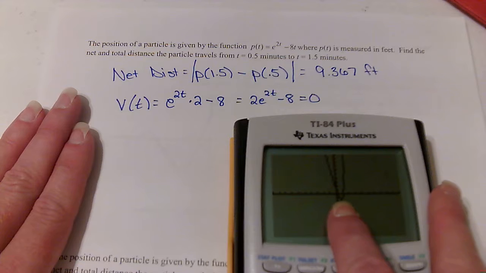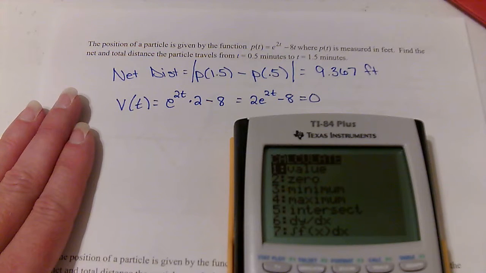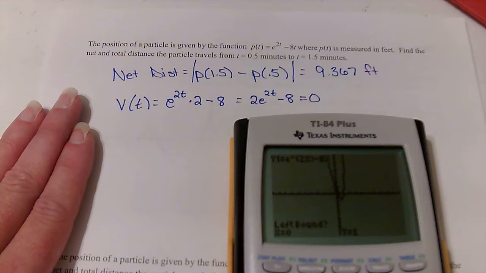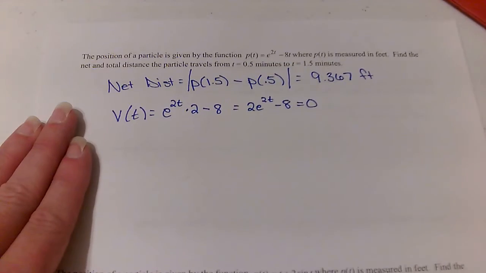And that's a minimum value. So I could use my calculator to find that minimum value. And it's between 0.5 and 1.5. I know that. It tells me it's at 0.693147, and I'm going to write down the whole thing.